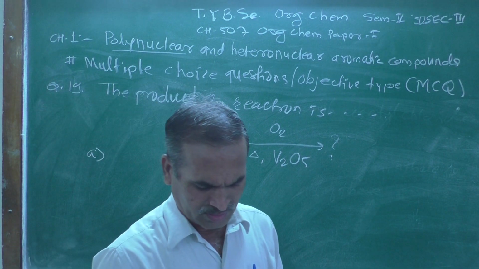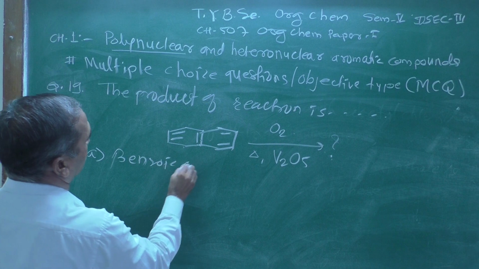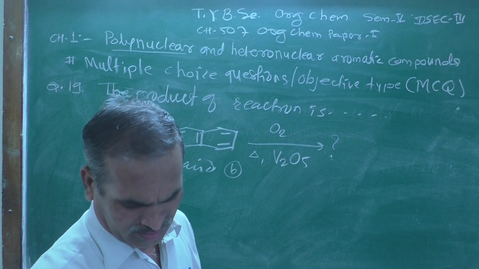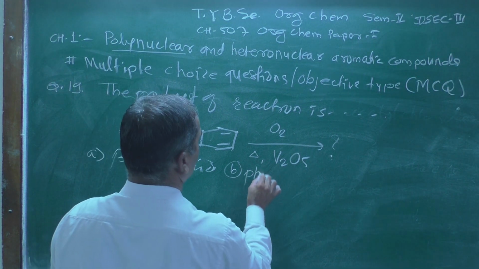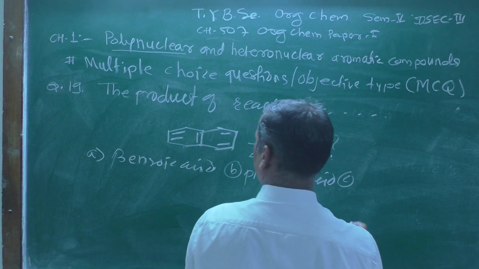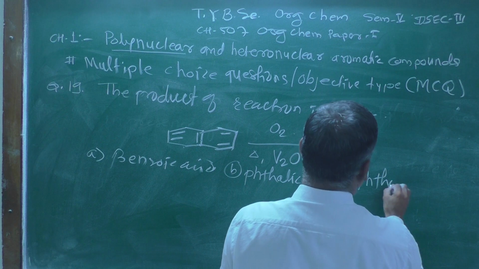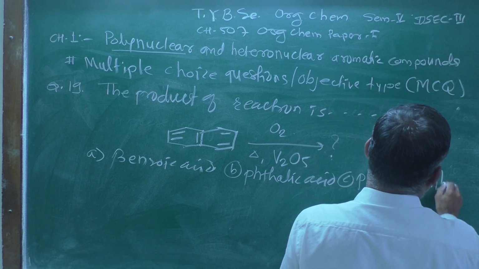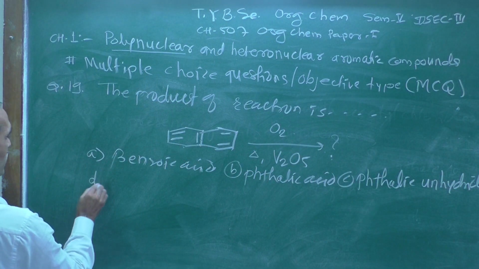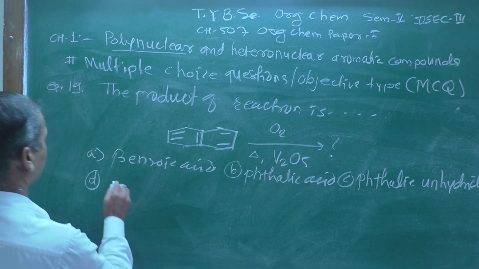A option would be benzoic acid, second option would be phthalic acid, C option would be phthalic anhydride, and D option would be none of these.